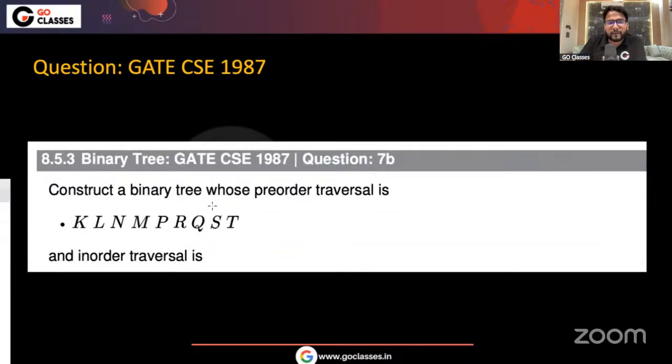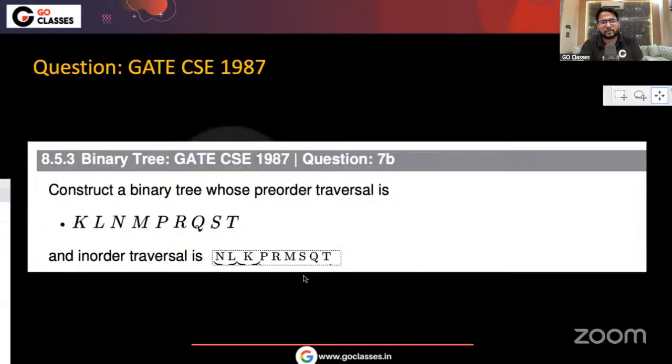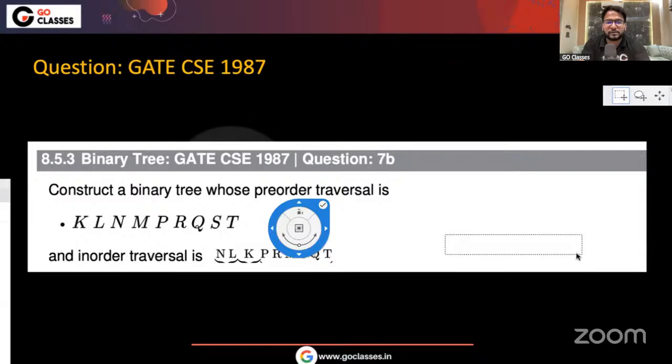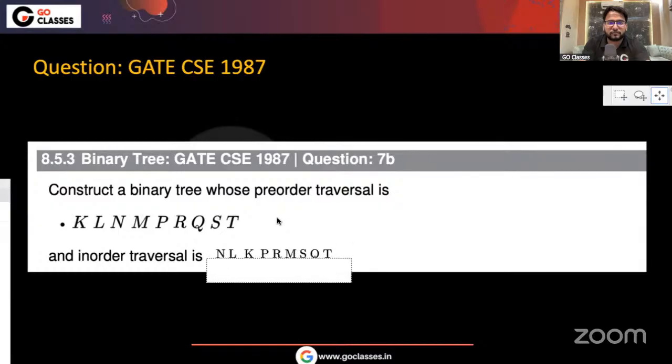They are saying construct a binary tree whose pre-order traversal is this and in-order traversal is this. Sorry, I forgot to copy the in-order traversal, but it is basically this. Can you construct it? I think this is an easy question. In-order means left, root, right.